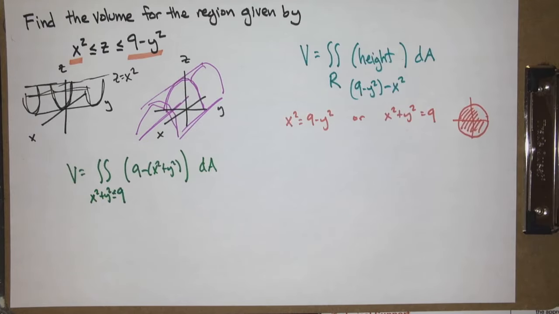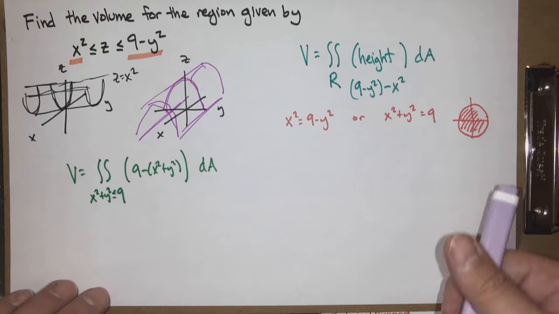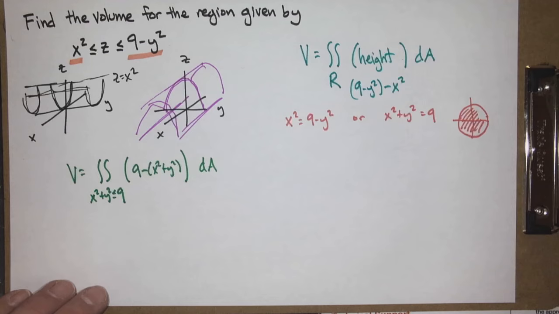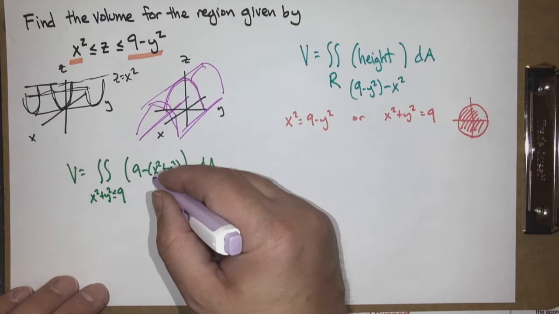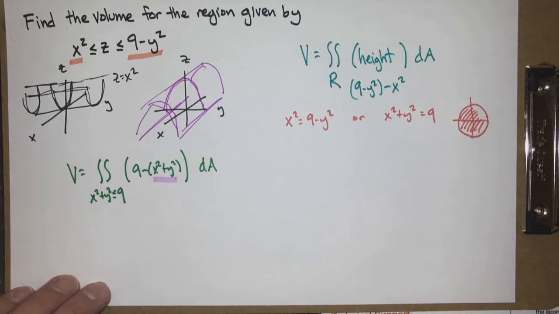Is there anything other than the fact that we just have been talking about polar that suggests polar? The area of the region is a circle. Well, that this is a circle is highly suggestive of polar. That your function involves things like x squared plus y squared.